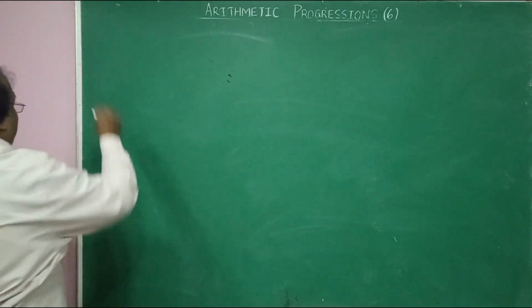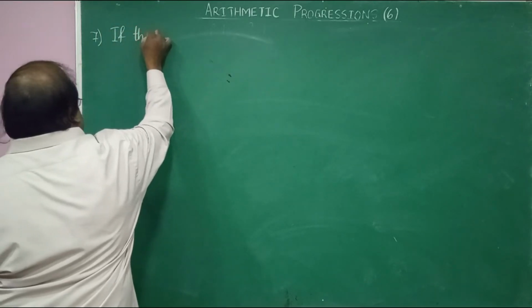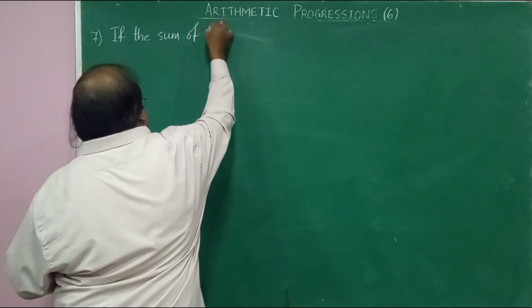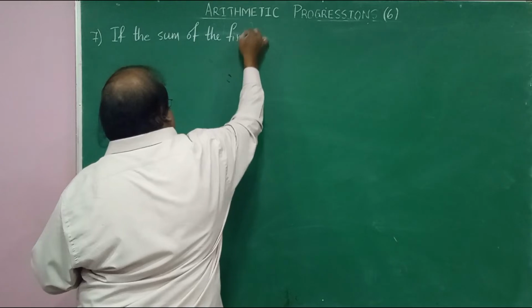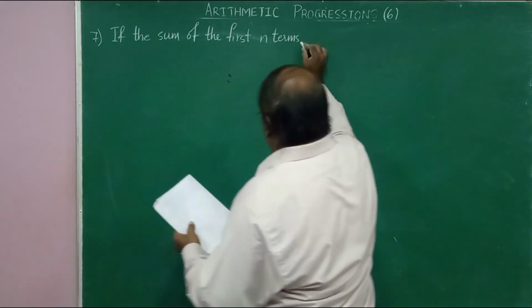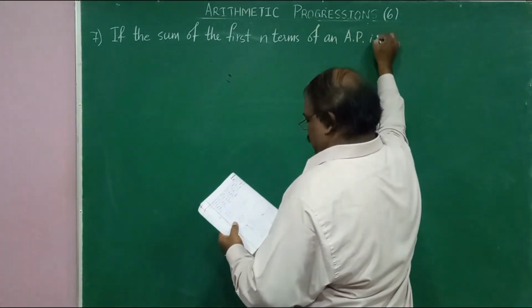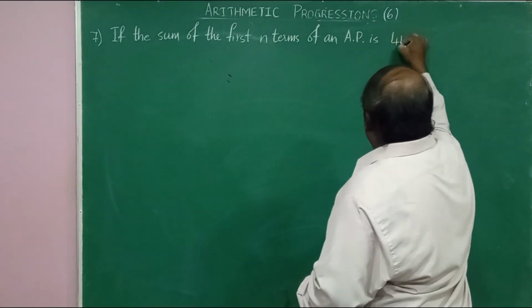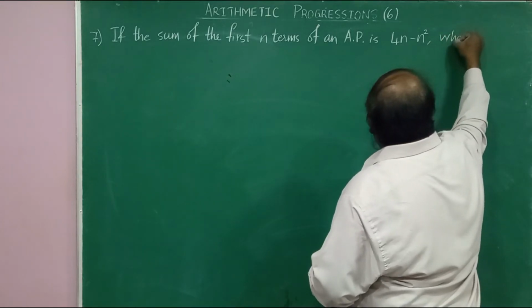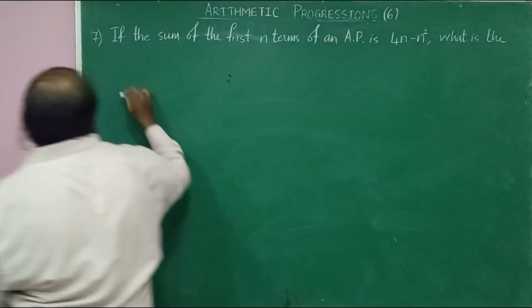If the sum of the first n terms of an AP is 4n minus n square, what is the first term?